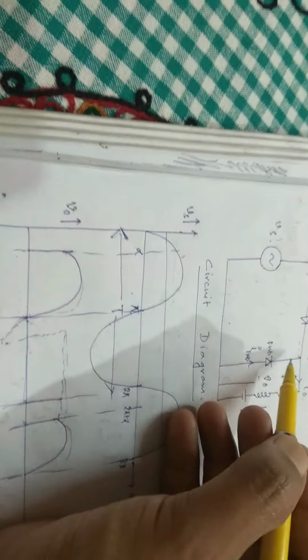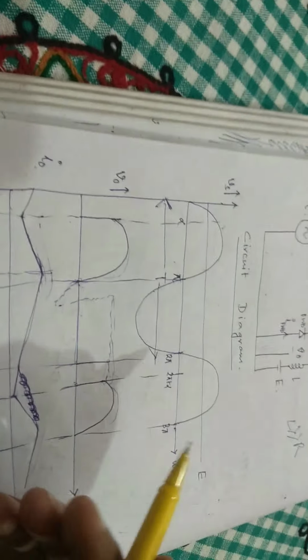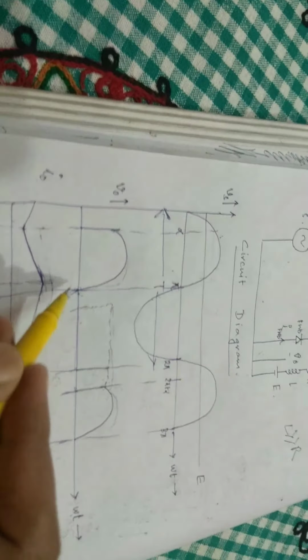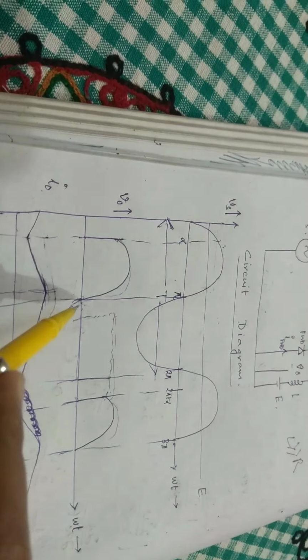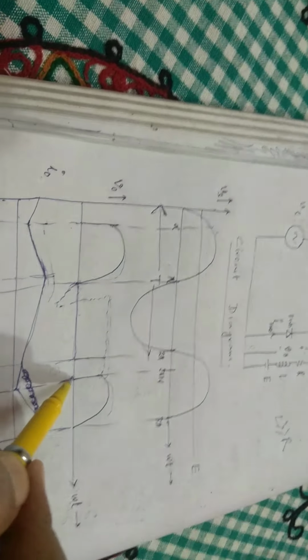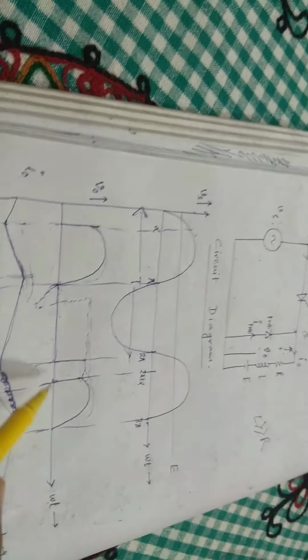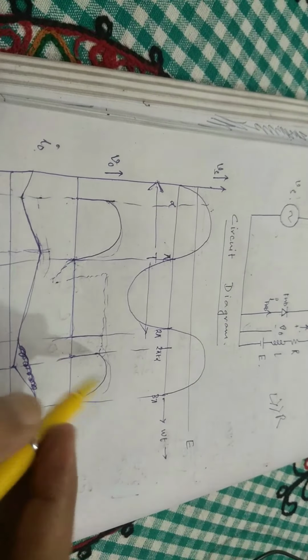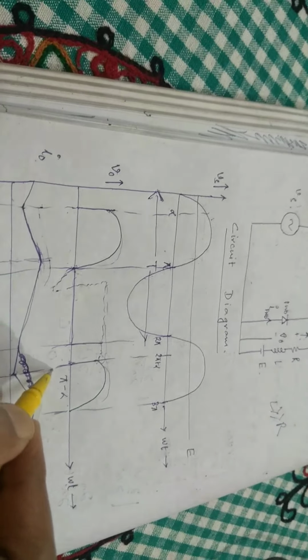It is because of this freewheeling diode. We'll come to it in a few minutes. So the output voltage here is from alpha to pi. After that, in the negative half cycle there is no triggering, and again at 2 pi plus alpha we trigger this thyristor T, and it again conducts from alpha to pi. So this conduction time is pi minus alpha.